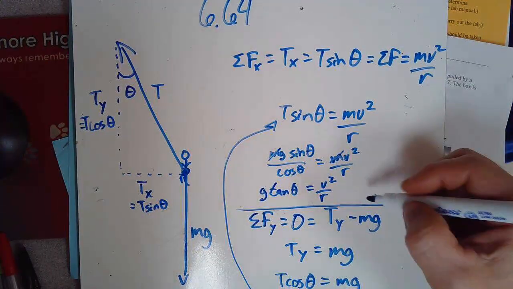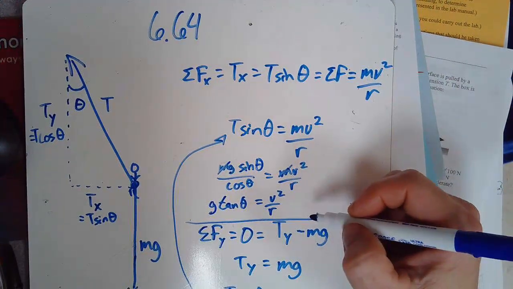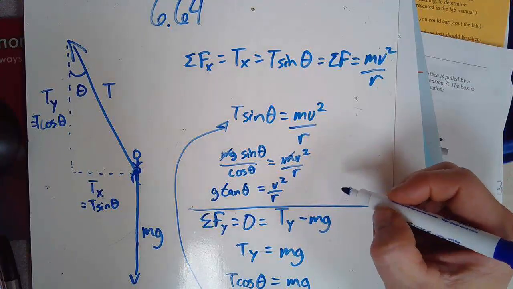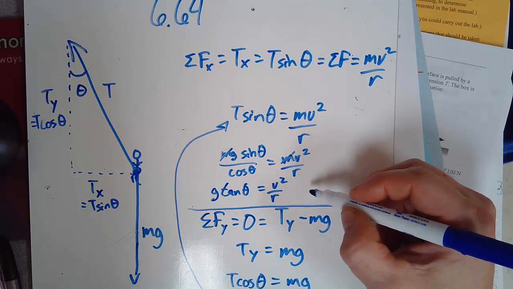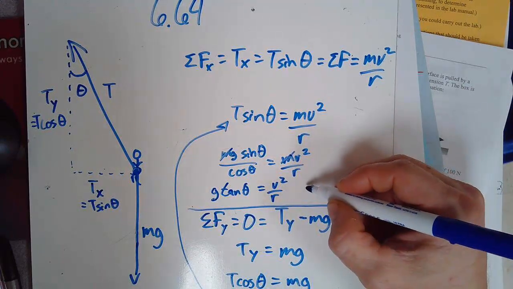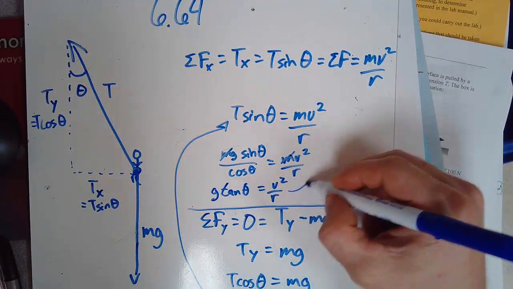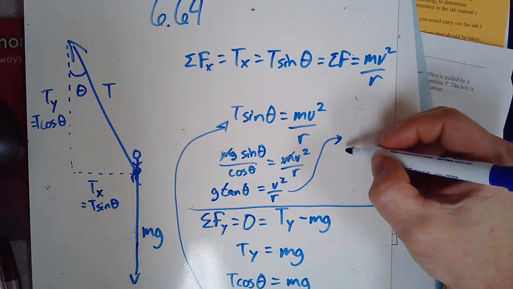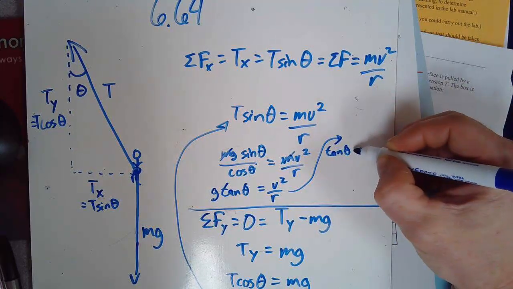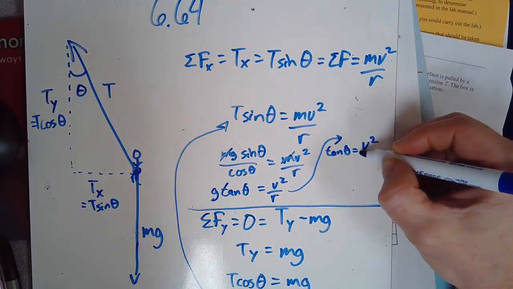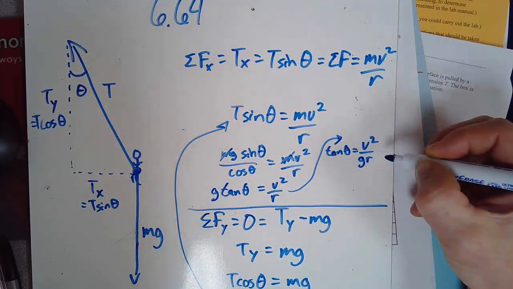I am running very low on room here, but what you can do then is divide both sides by g. That gives us tangent of theta equals v squared over gr.